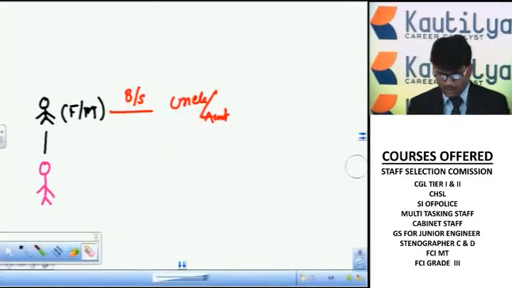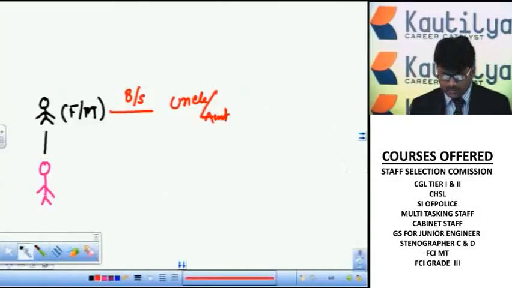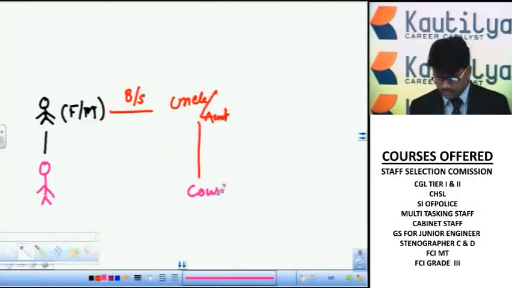Here, the uncle or aunt's son or daughter is called a cousin. If our parent has a child, that means our brother or sister.